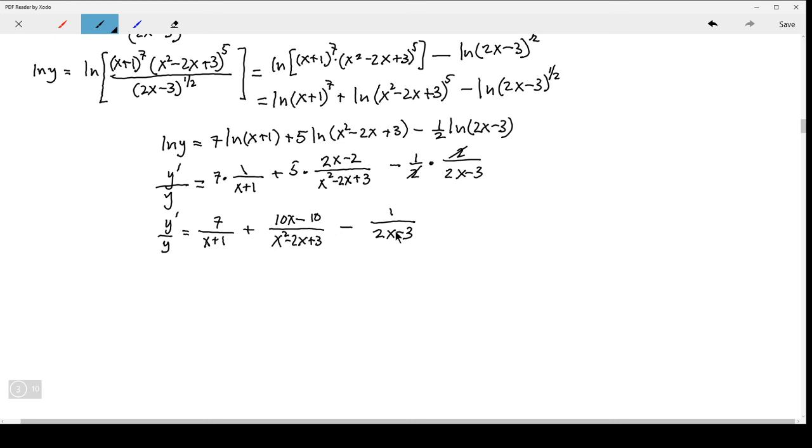All right, now remember I need to solve this equation for y prime. All right, so y prime, right, multiply both sides by y. So I multiply this side by y, and I multiply this side by y, and I get y prime equals this again, which I have to write again.